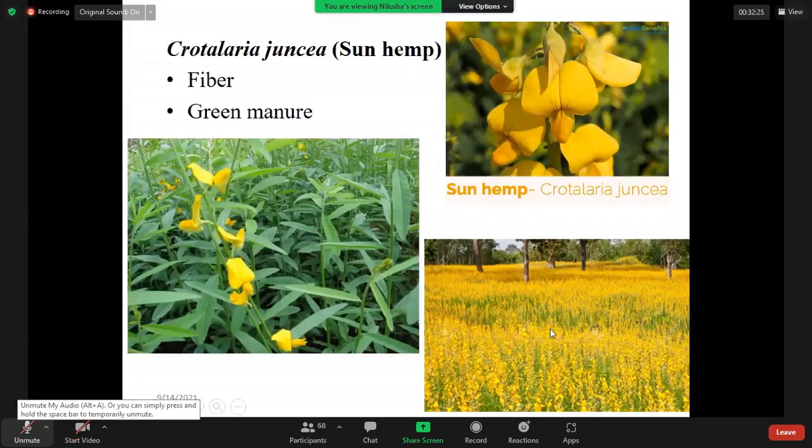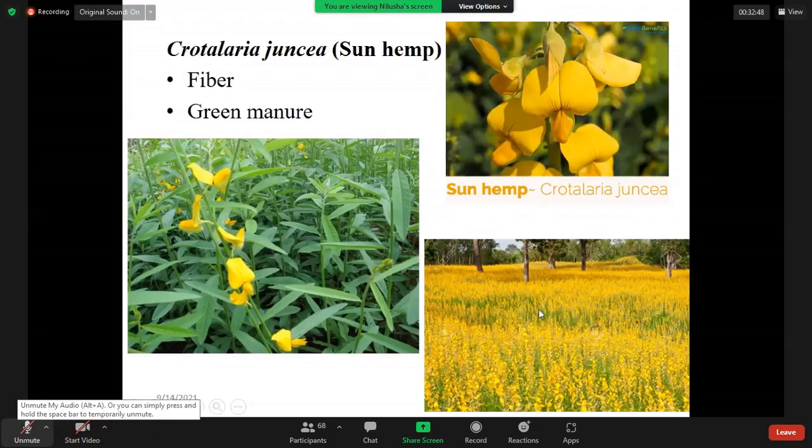Then it will go into the soil and decay, so that it will improve the soil nitrogen content, and other nutrients will also increase, because this plant's dry matter is also incorporated into the soil.